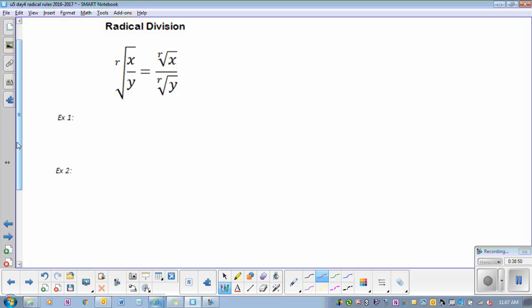Are constants interchangeable too? Yep. The only thing that I would recommend is always simplify your fractions if you can. Always simplify your fractions before you split up any radicals.